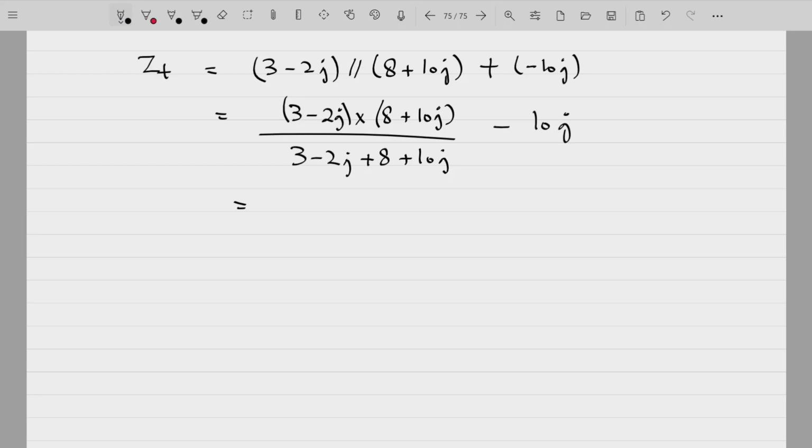So this comes to 3.22 minus 1.07j, minus 10j.